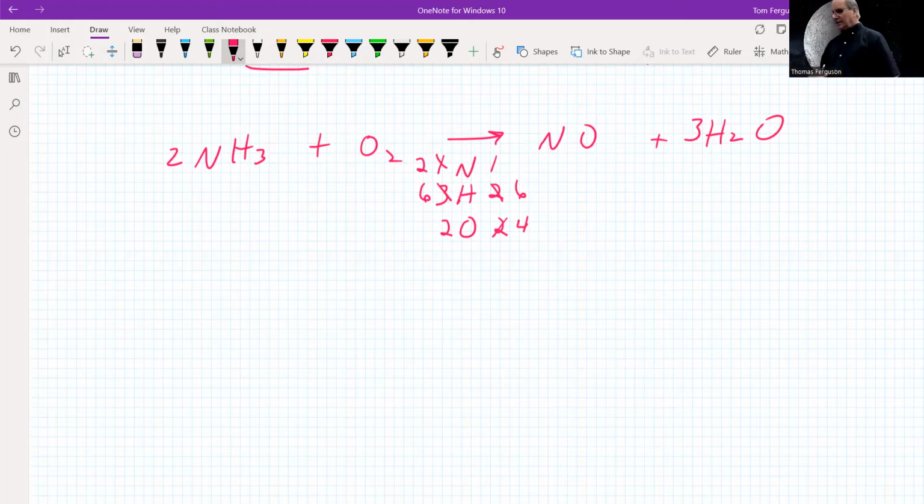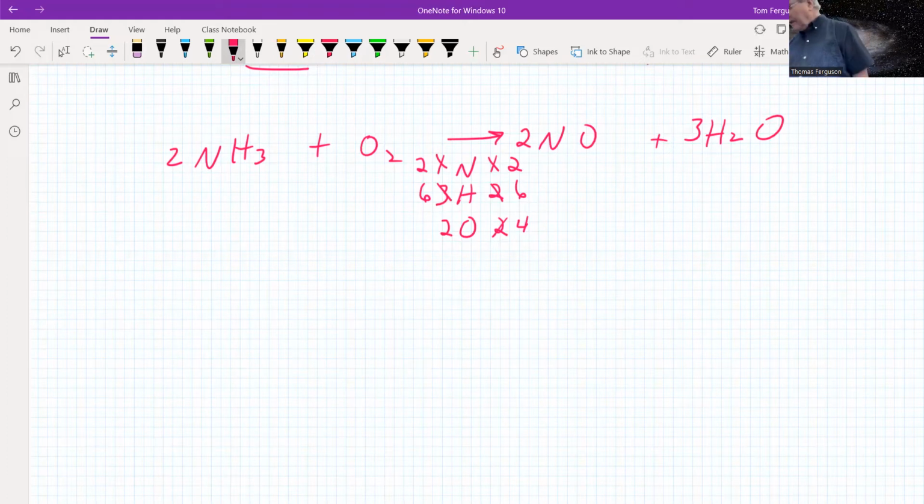Okay, so we still have problems. The nitrogens are off, so let's put a 2 there to fix those nitrogens. That also changed the number of oxygens, so we have 3 and 2 is 5.